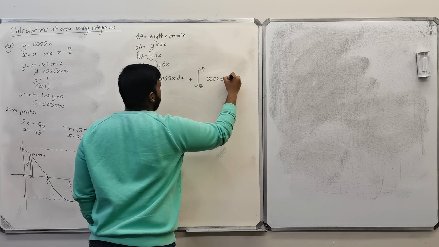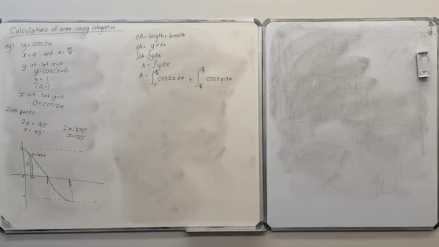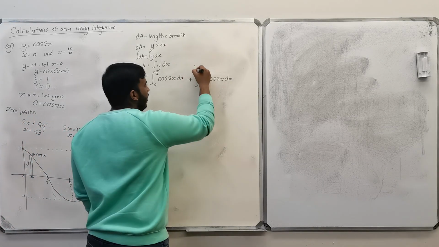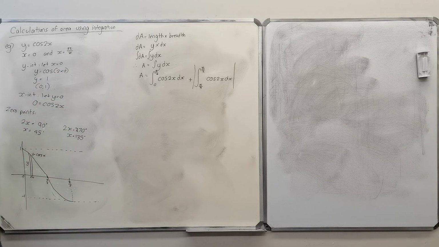Understand that? But what can we see about this? It's going to become negative. We can see it because it's under the x-axis, so you know you're going to end up with a negative value. So what you do is take the absolute value of that. Still with me?